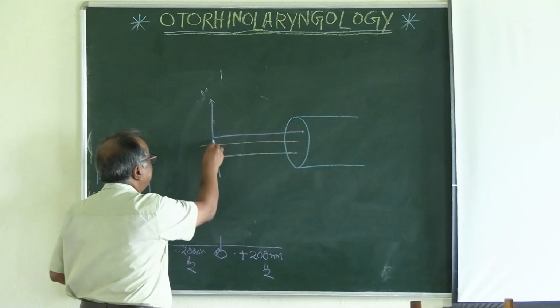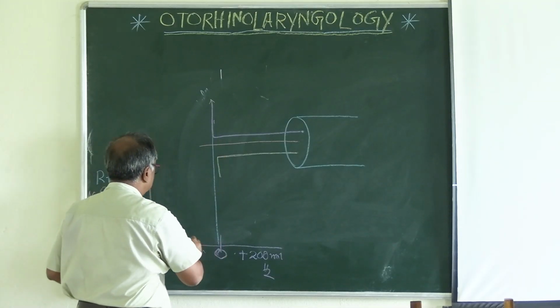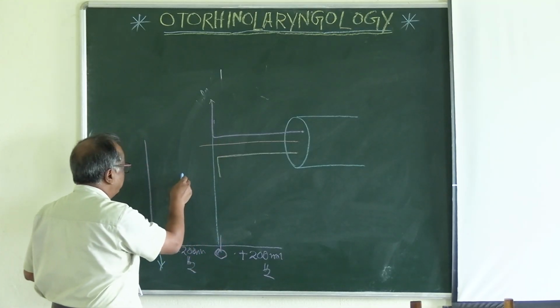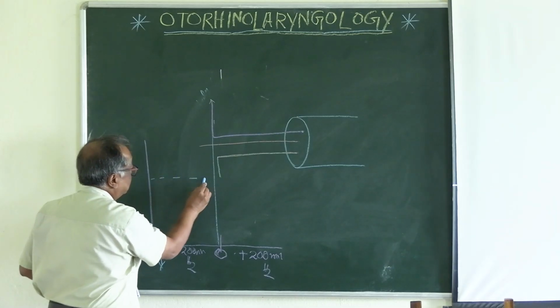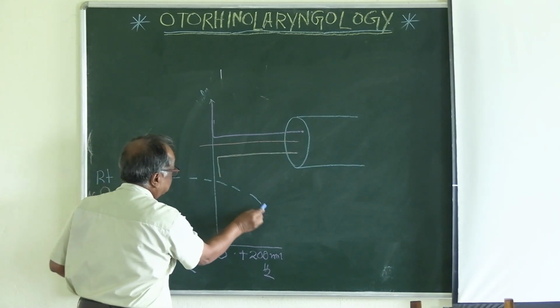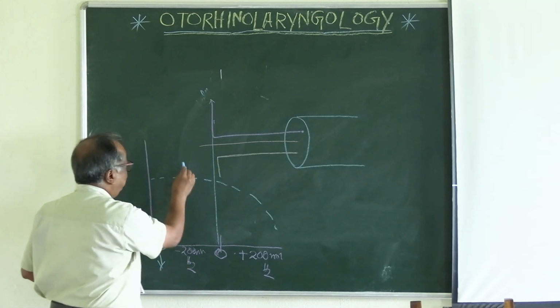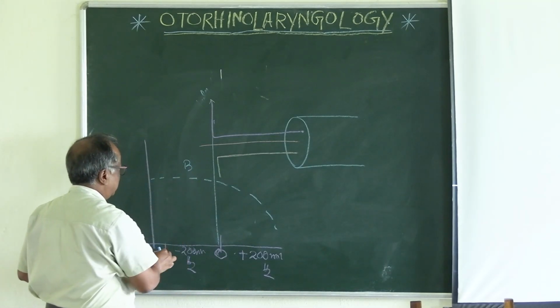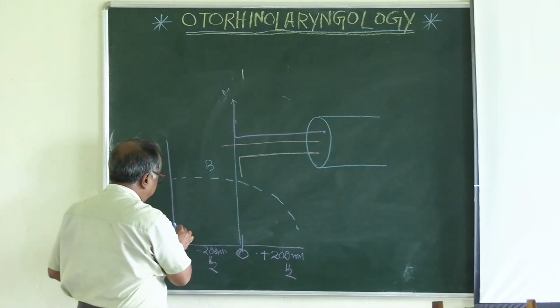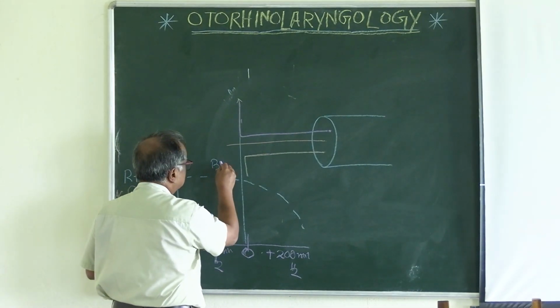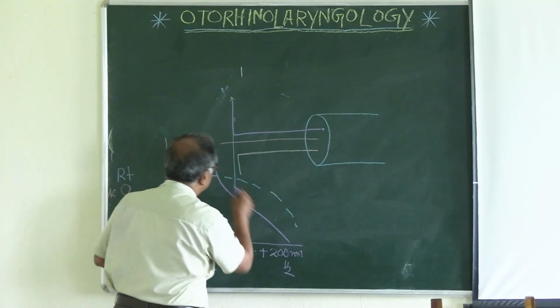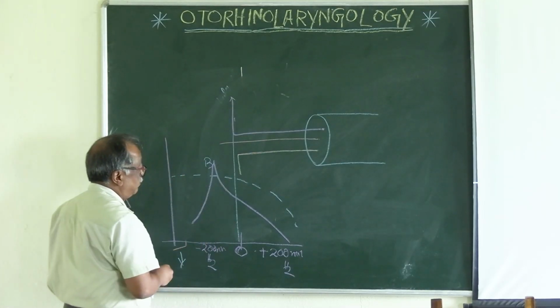This is the compliance curve, different types of compliance curve. It may be that is the B type of curve, or it may be a C type of curve.